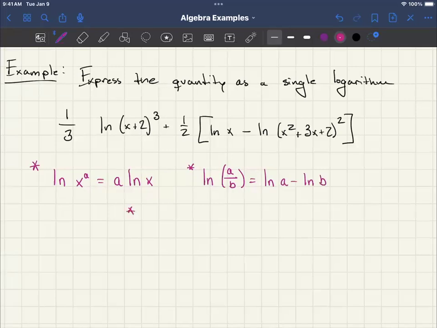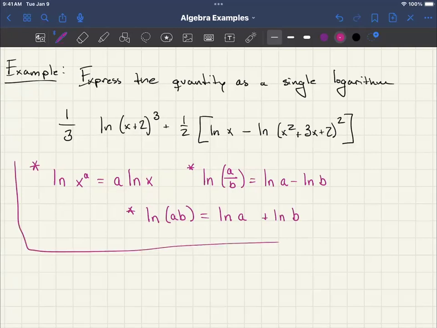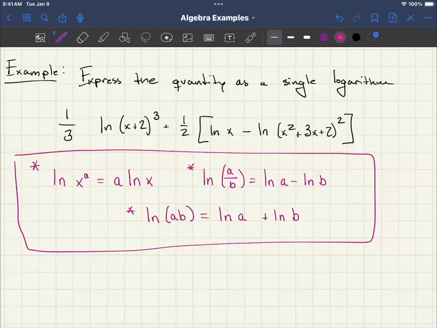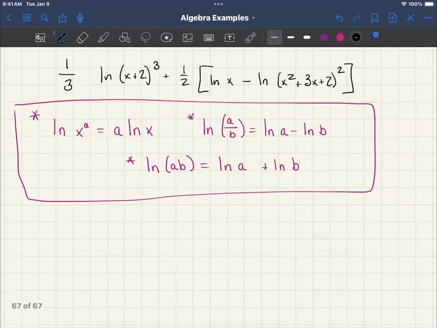The third one has to do with multiplication. If we have the natural log of a times b, this is the natural log of a plus the natural log of b. Okay, so these are the three rules that we are going to be using today to simplify this monstrosity of a quantity above. So let's start out. I'm going to rewrite our quantity down here.